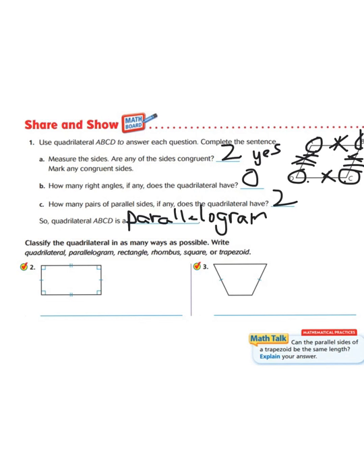So for questions 2 and 3, it says to classify the quadrilateral in as many ways as possible. Write quadrilateral, parallelogram, rectangle, rhombus, square, or trapezoid. So if we look at number 2, we know that it is a quadrilateral because it has 4 sides.